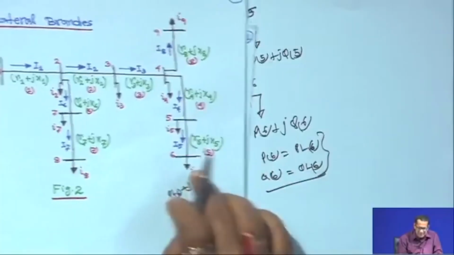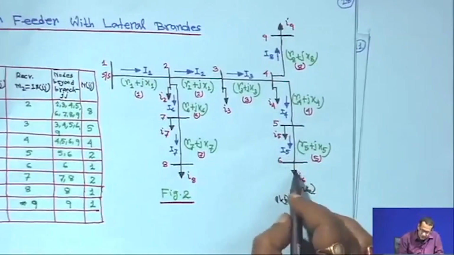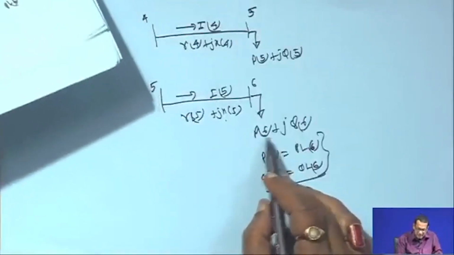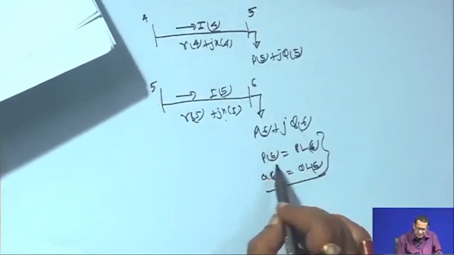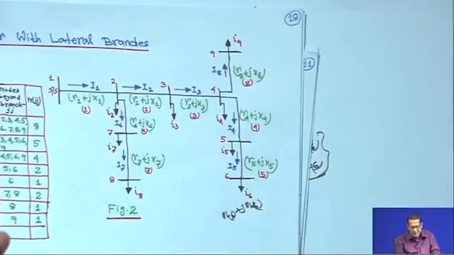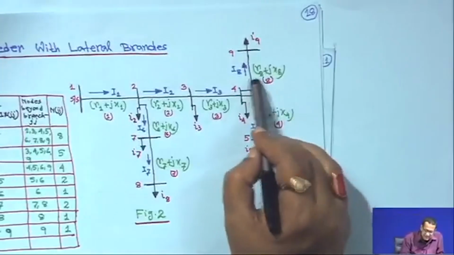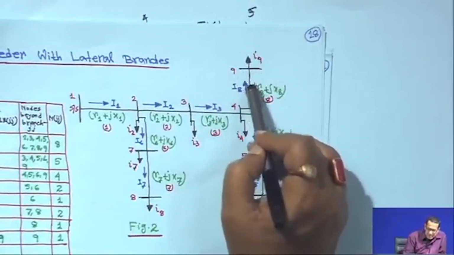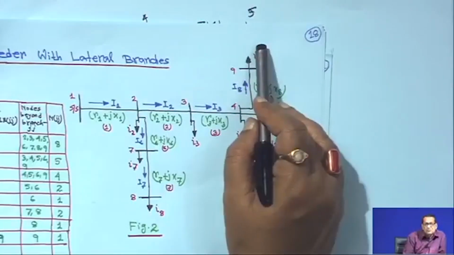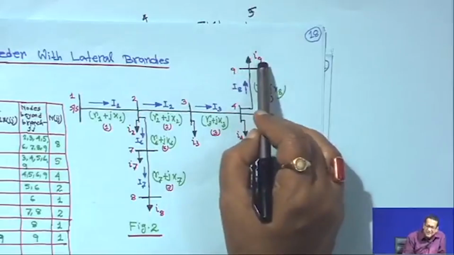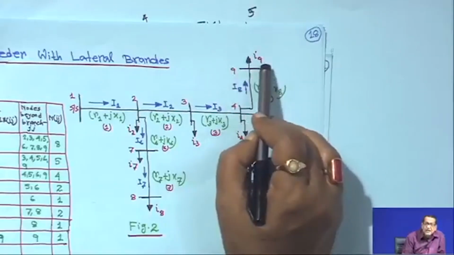For any last node, the total load fed to the node is the load of that node itself. That is why, for the last node, P 6 is equal to P L 6 and Q 6 is equal to Q L 6. Similarly, consider the electrical equivalent of branch 8. It is the last node; beyond this branch there is no other branch or node. So in that case P 9 will be P L 9 and Q 9 will be Q L 9.